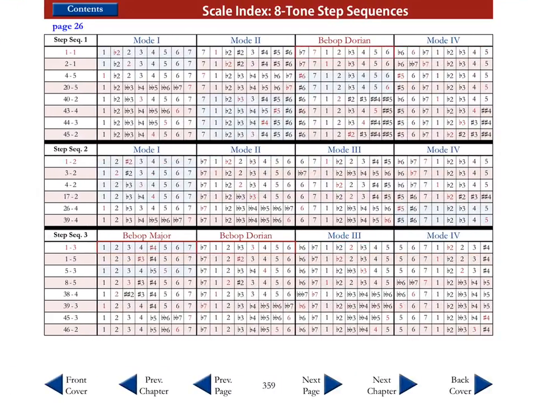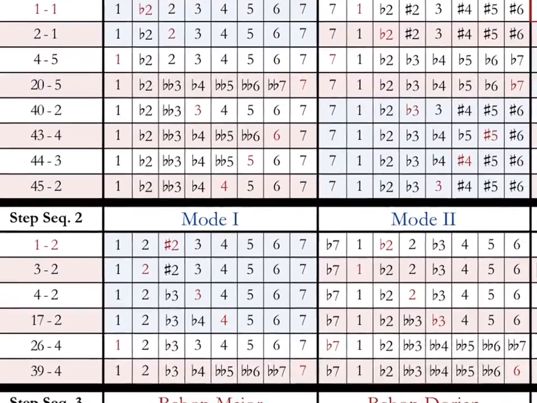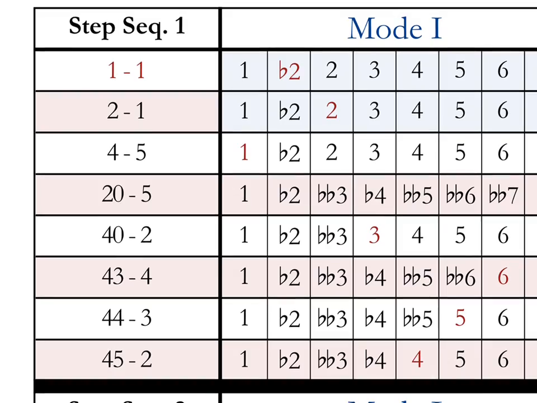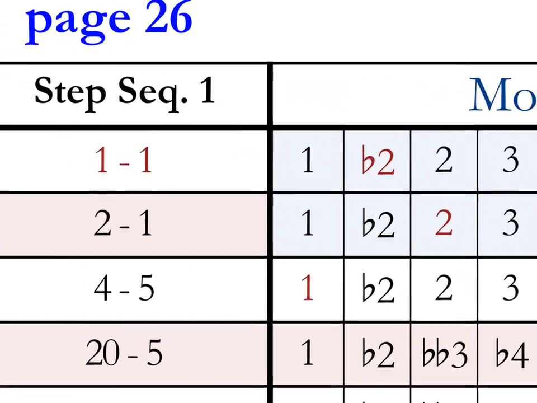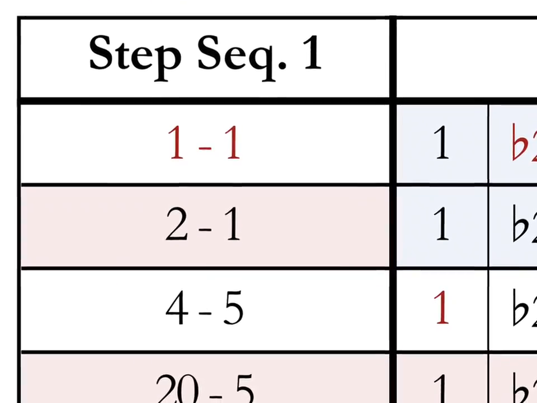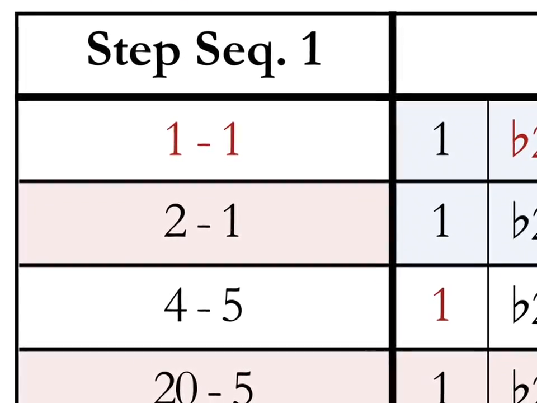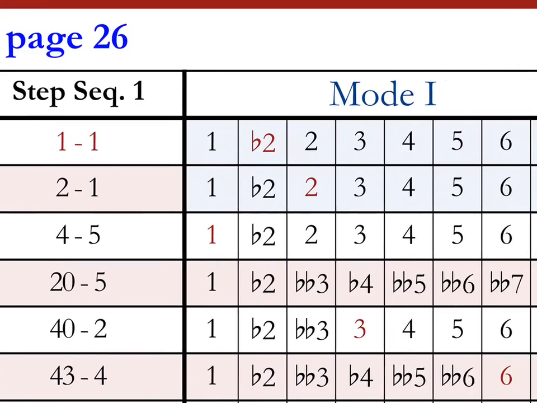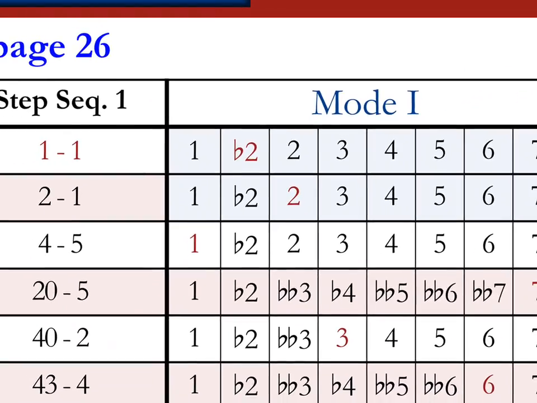Now looking at 8-tone step sequences, it's just adding 1 degree to a 7-tone scale system. So looking at step sequence 1, we'll see at the very top 1-1. The first number indicates what 7-tone step sequence it was. And the second number indicates what empty space was used to fill in that extra note.